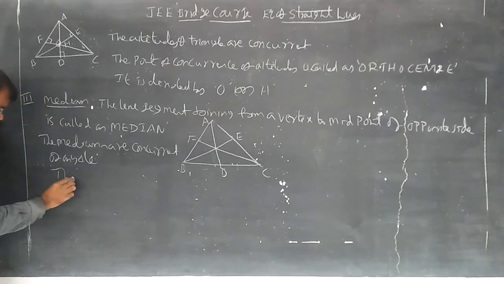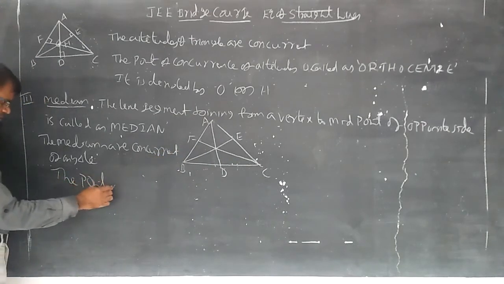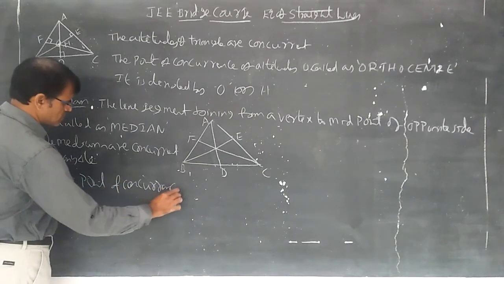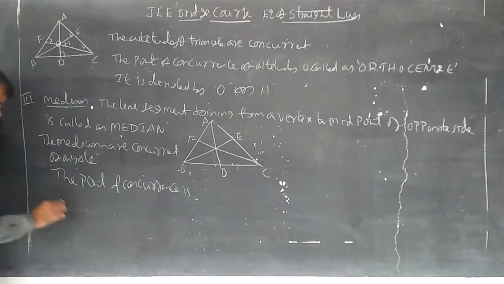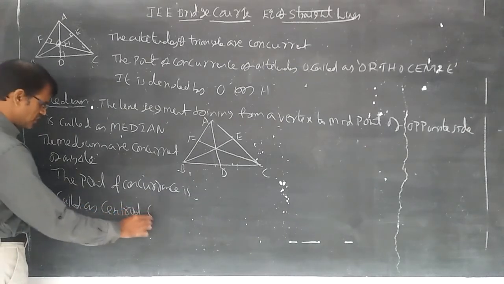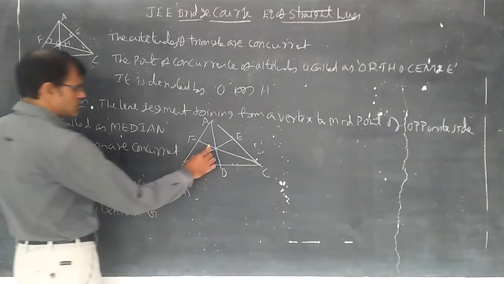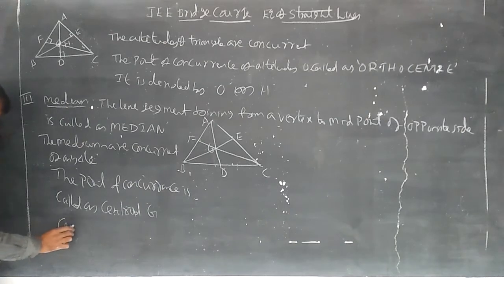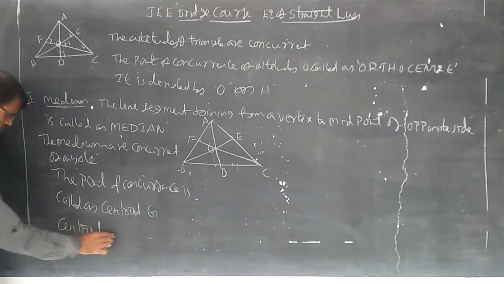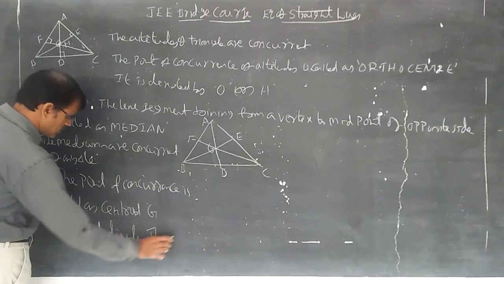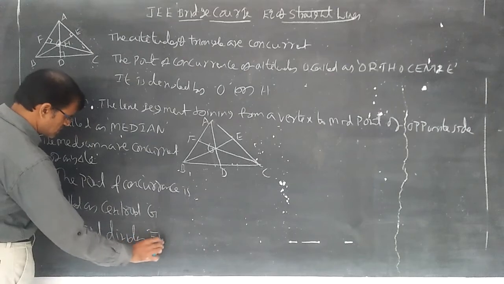The point of concurrence is called the centroid, G. Put here G. Here you can write, the centroid divides every median, not only a single median.